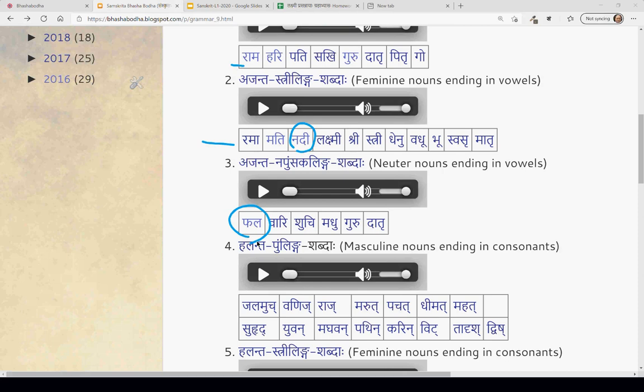So only these four types we are looking at, except the additional pronouns, Saha, Eshaha, and similarly Esha, Sa, Etat, Tat, and question words Kaha, Kasya, Ka, Kasyaha, and Kim, Kasya. So only these words we are focusing on.